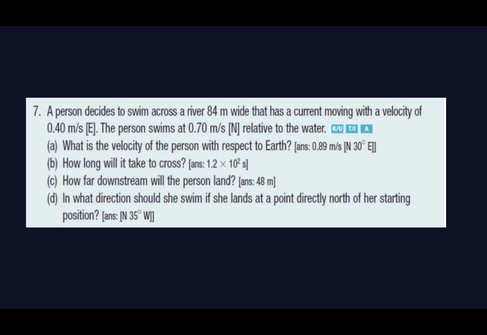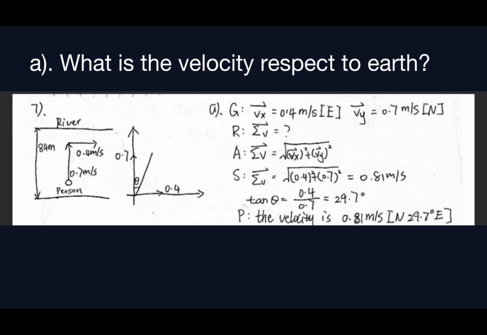So it's basically telling us the horizontal velocity. And the person swims at 0.7 meters per second north, which tells us the vertical component of the velocity relative to the water. So the first question is asking what is the velocity of the person with respect to Earth?